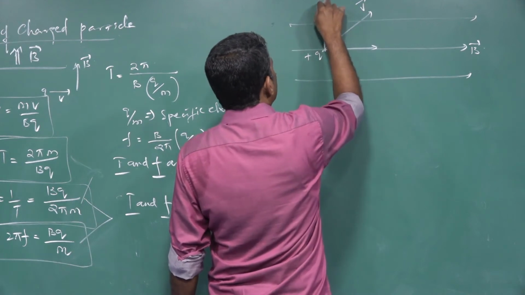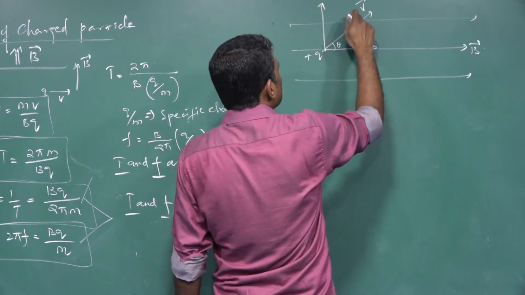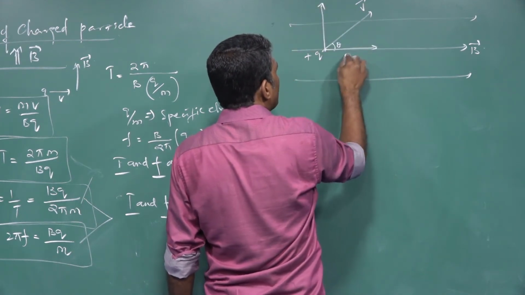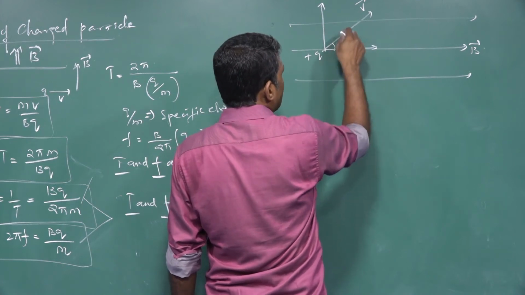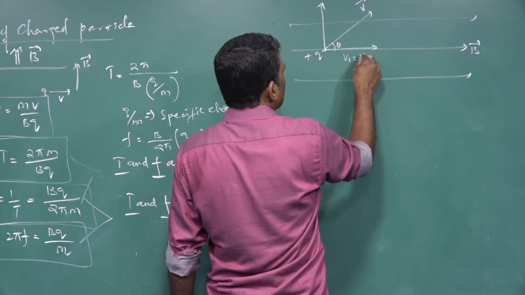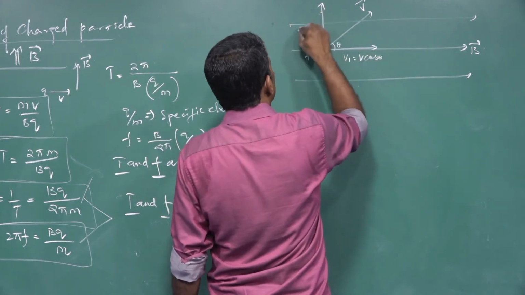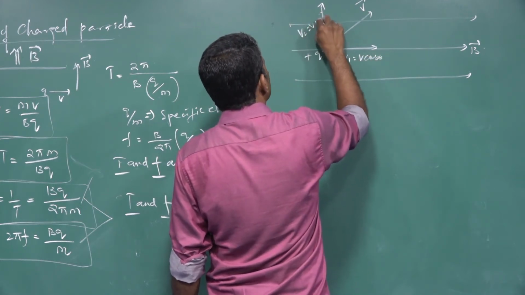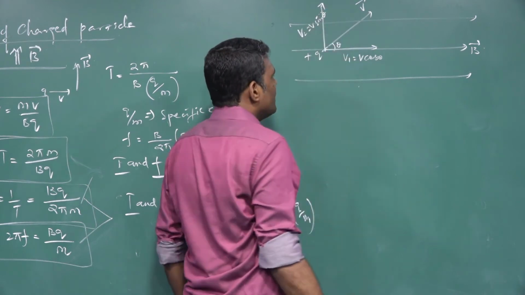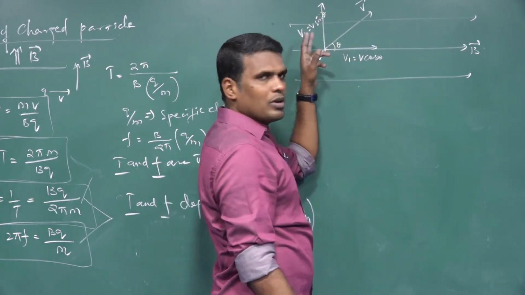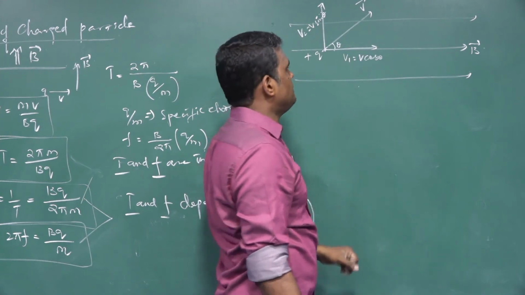Then we can simply say the velocity of the charged particle can be resolved into two rectangular components. One is v1 equals v cos theta and another one v2 equals v sin theta. So I am getting two components of this velocity v.